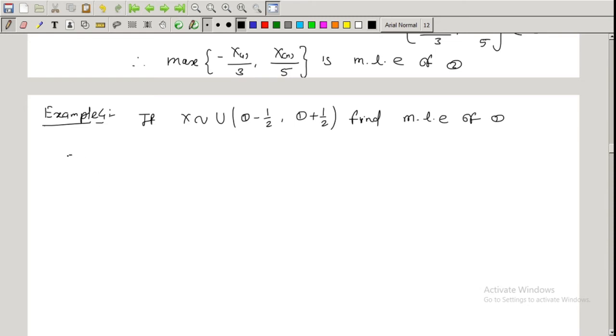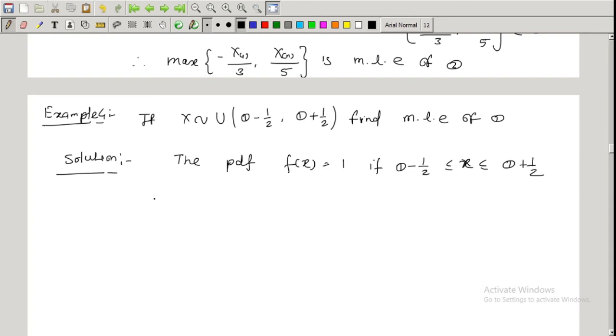So here, to get the solution, x follows uniform theta minus 1 by 2, theta plus 1 by 2. So according to that, your PDF f of x is equal to 1, this term will get cancelled, and the range is theta minus 1 by 2 is less than or equal to x is less than or equal to theta plus 1 by 2.